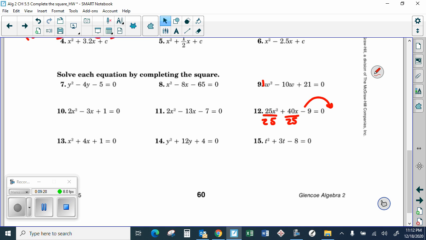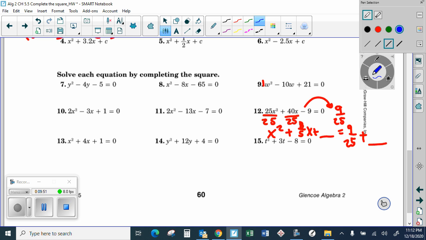Okay, I'm going to move this across. It's going to become 9/25. Now I have x squared, and I can simplify that down, divided by 5 each, and you get 8/5 x plus blank equals 9/25 plus blank.